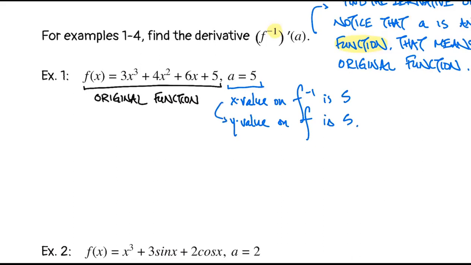Let me pause here for a moment. Does this make sense to folks? They've given us the original function, but then they were very tricky. They gave us the x value on the inverse function, and in our brains we had to say, oh, you mean the y value on the original function.